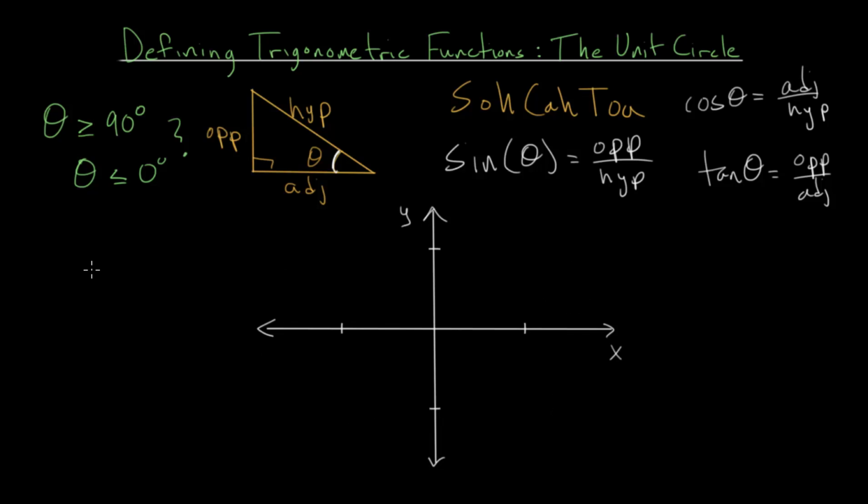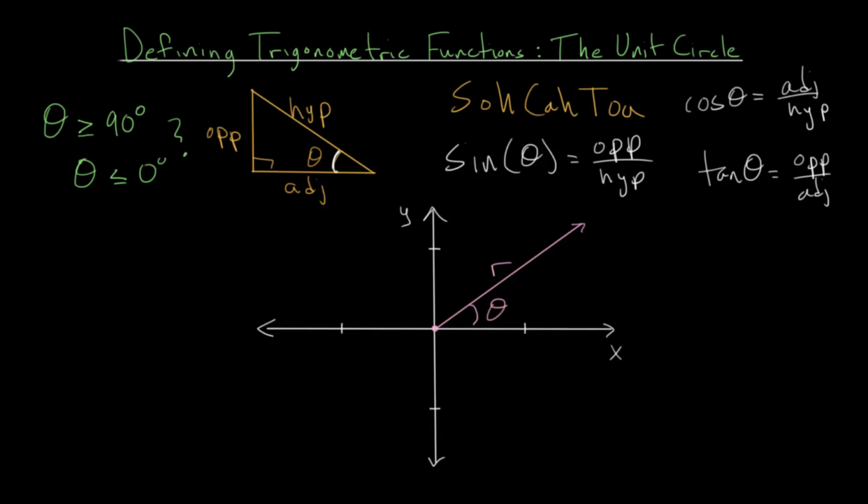We'll start by drawing a ray from the origin, and this ray, which terminates at the origin and goes on as long as we'd like, will have an angle measured relative to the positive x-axis. We can call this angle theta, and this ray will have some length, which we can call r.